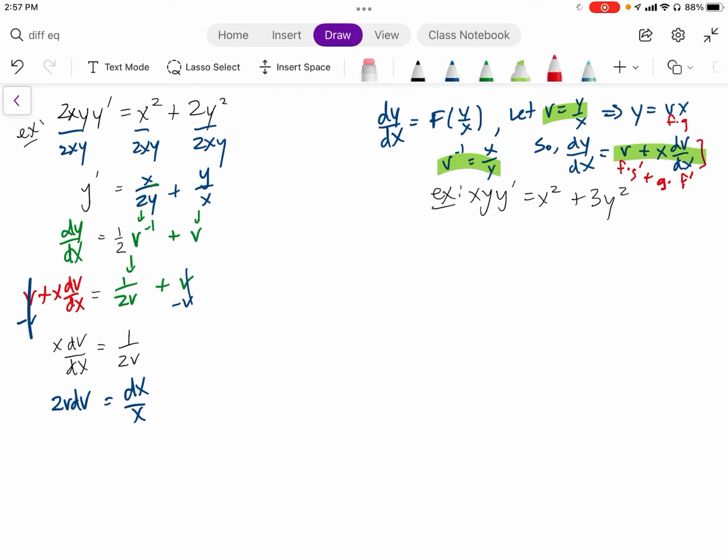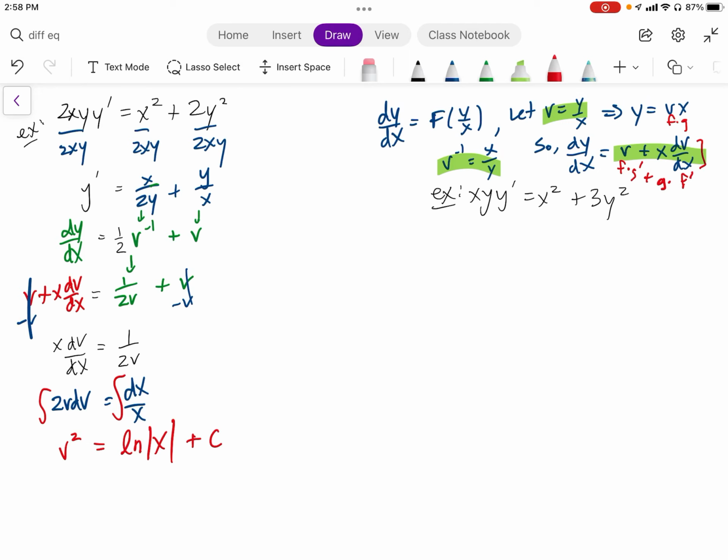Oh, I like that a lot better. Integrate both sides. We separated our variables, perfect. And 2v squared over 2, so we just get v squared equals the integral of dx over x, which is ln x. And don't forget your constant, so plus c.